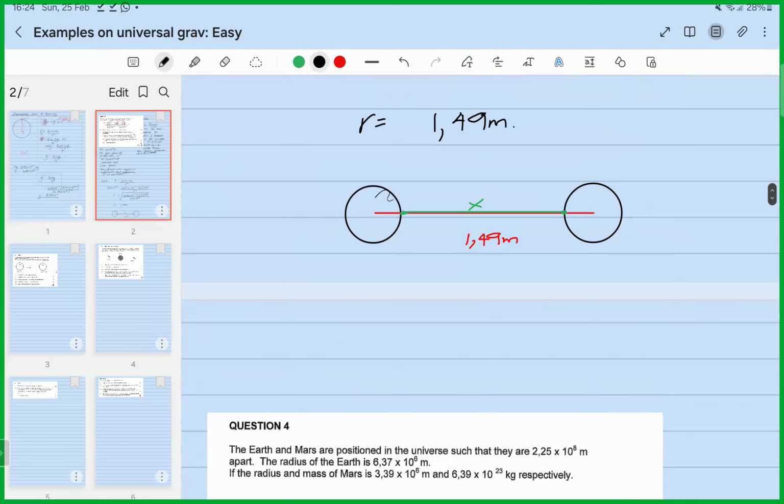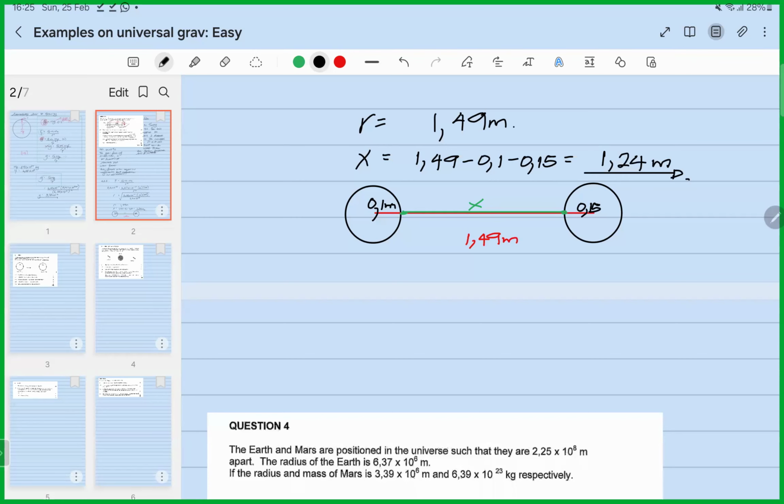This was 0.1 meters on this side. This was 0.15 meters on this side. So x is 1.49 minus 0.1 minus 0.15, which gives you, I think, 1.24 meters. Please verify with me that that's the value of x.